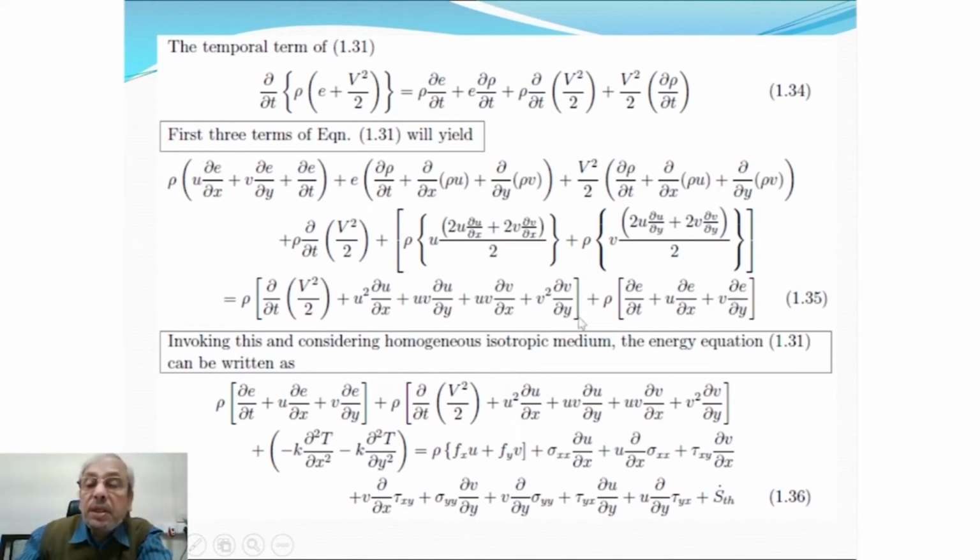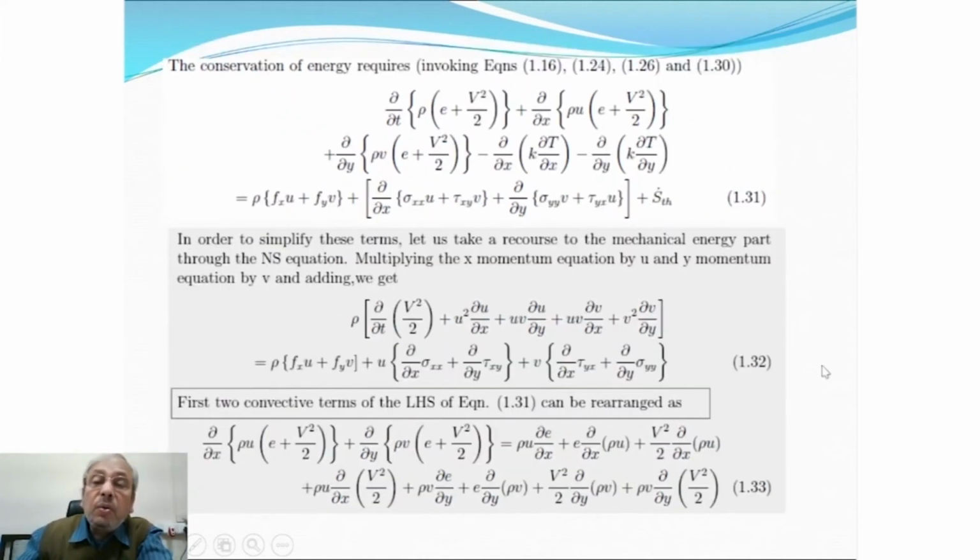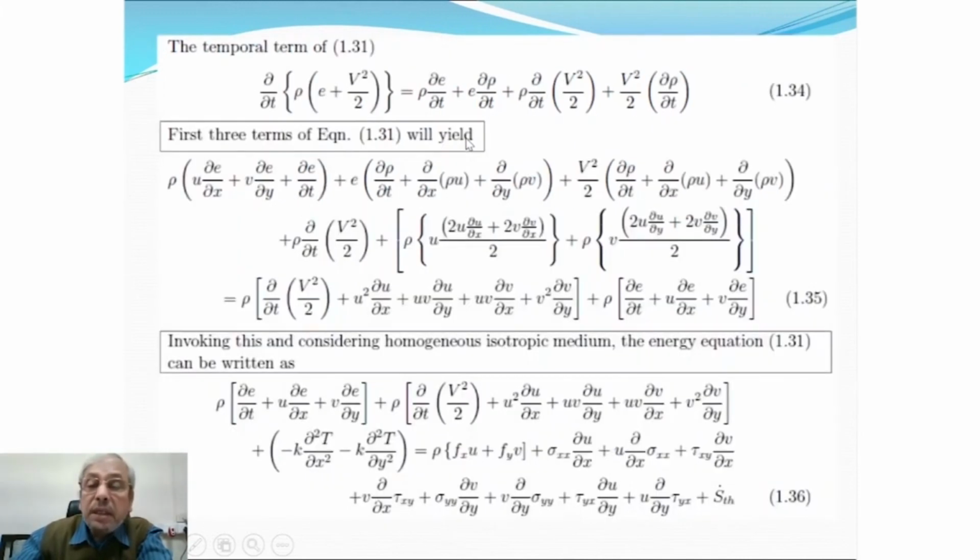These three terms we get here. So this is basically what we did: we rearranged the first three terms of the complete total energy equation, collecting and rearranging them in this way.